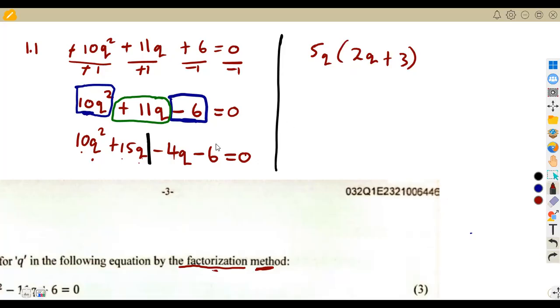So what are we supposed to factor out from these last 2 terms so that we have the same bracket as this one? That first thing is a negative, so if we factor out a negative, it's going to be a positive, all right? So if we factor out -2, we are going to have -4 divided by -2, which is a +2, and -6 divided by -2, which is a +3.